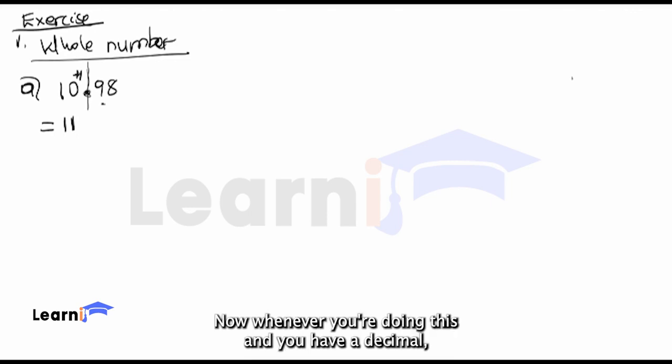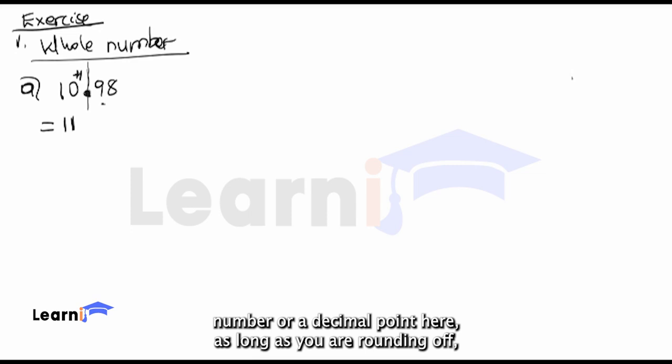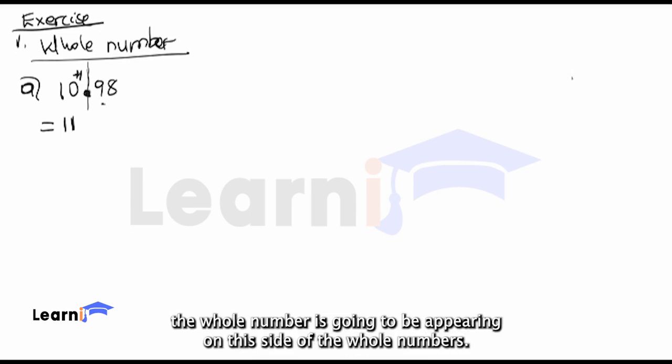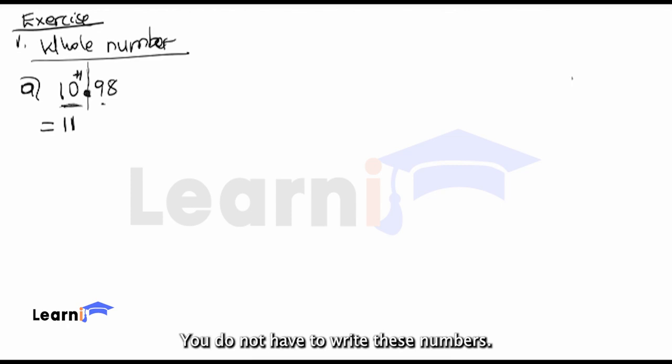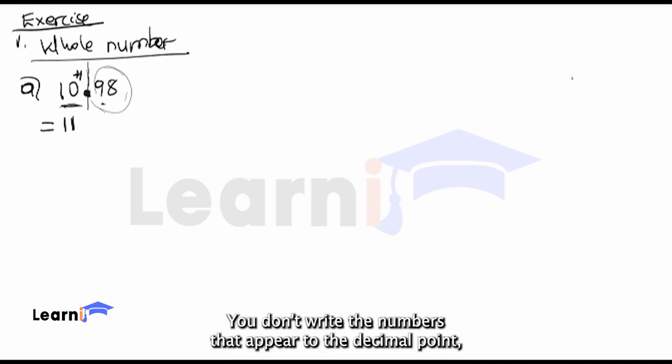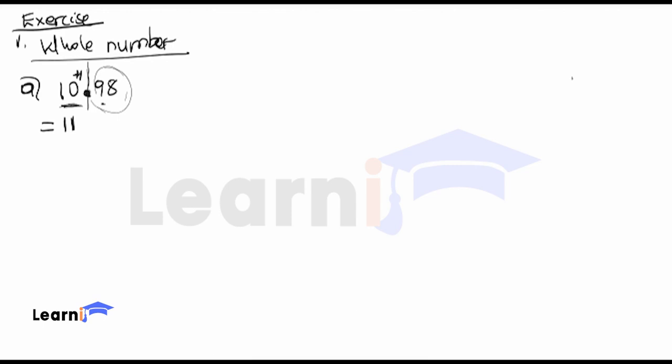Whenever you're doing this and you have a decimal point here, as long as you are rounding off to whole numbers, you do not have to write the numbers that appear after the decimal point. Meaning our answer here will be left as 11.